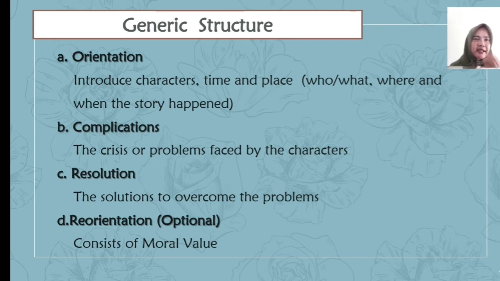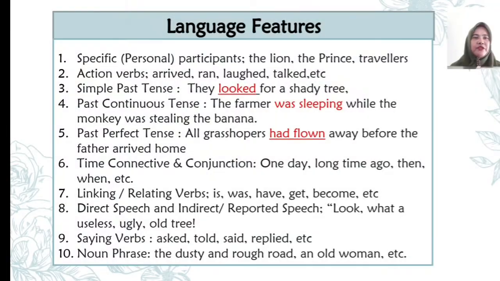Okay. Next, let's check the language features. There are some language features that a narrative text has. Nah, ada beberapa unsur grammar atau tata bahasa Inggris yang ada dalam sebuah teks naratif, ya. The first is the specific or personal participants, or in this case, it can be called characters, ya.